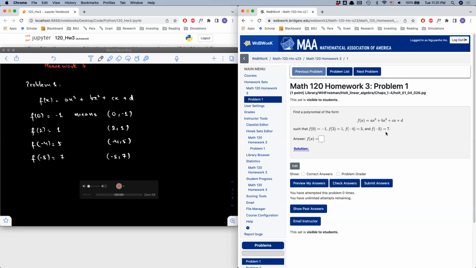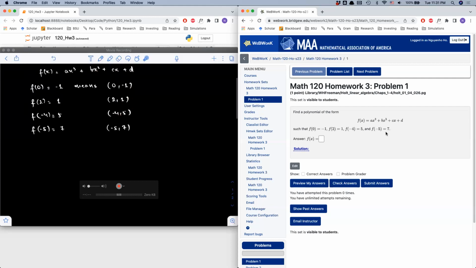All right, so to find the values of A, B, C, and D, what you do is you substitute these points into the function and you will obtain a system of 4 linear equations because you have 4 points. Let me start with the first point.